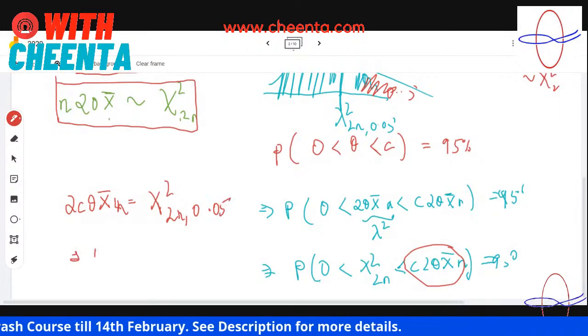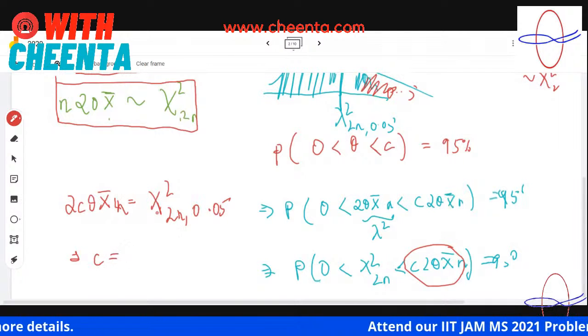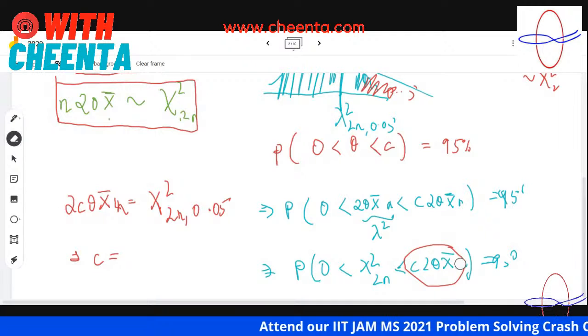So therefore, this C is equal to chi-square twice n at 0.05. Oh, theta will not be there, I'm so sorry.